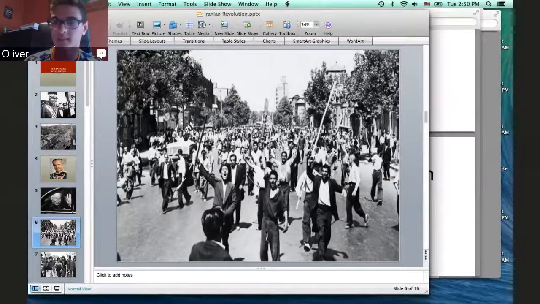By nationalizing the oil supply, he would have brought a more independent and a more stable Iran. So basically, the United States helped oust this regime, which was really looking out for the Iranian people. And instead, they put the Shah back into power and gave him more authoritarian ability. Next slide.